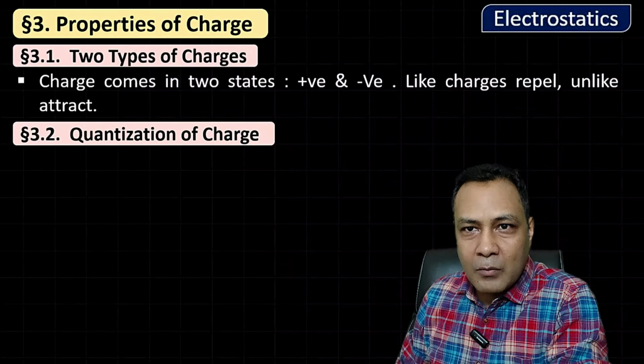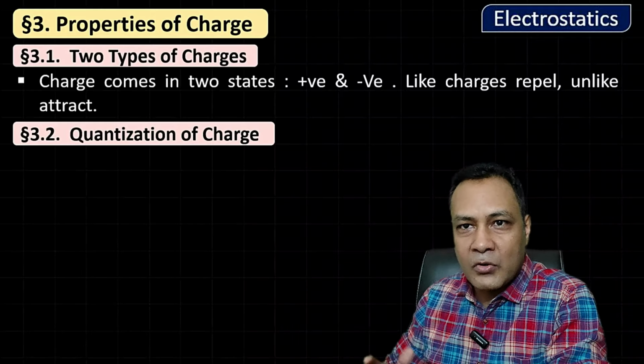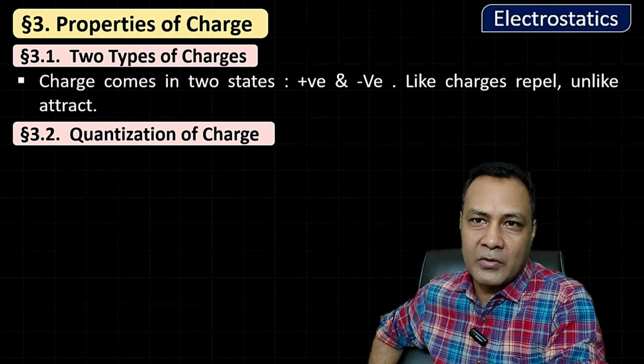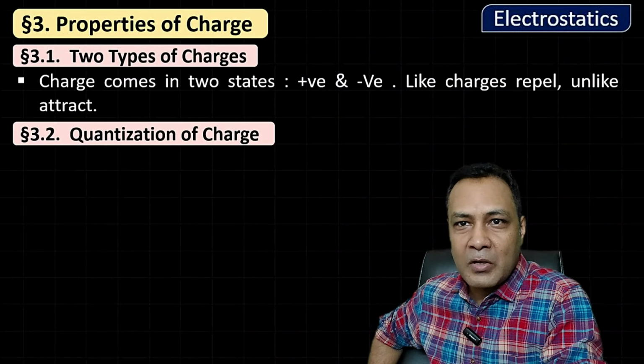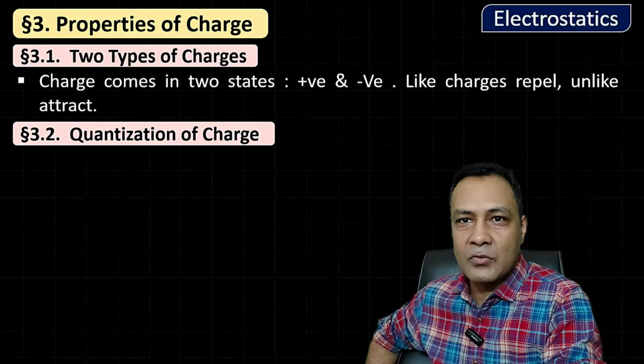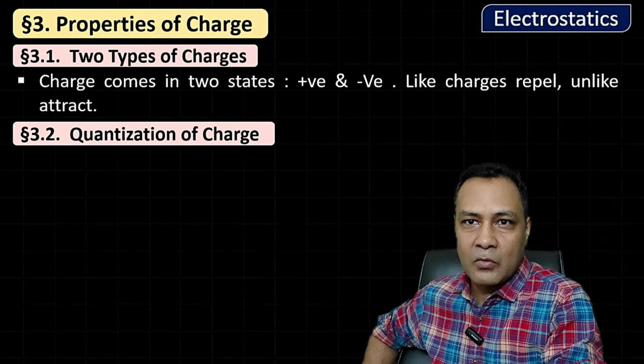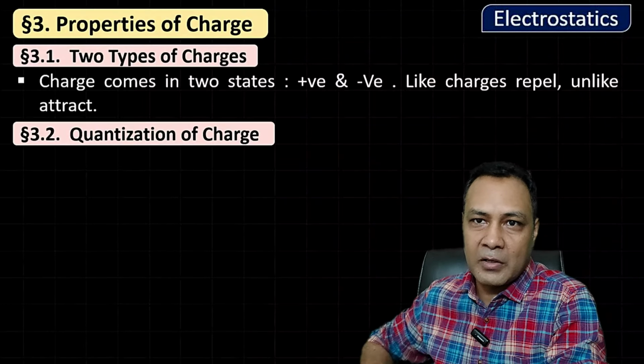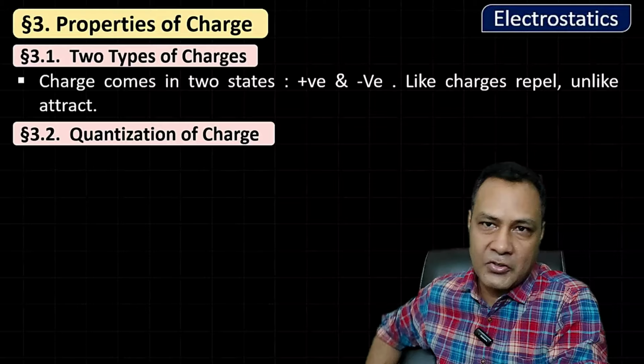So whatever we can buy or purchase, the amount has to be a multiple of 500. That is the meaning of quantization. Once again we can think, suppose a photon has energy in multiples of h nu. So the minimum energy is h nu. So we can have energy in packets of h nu.